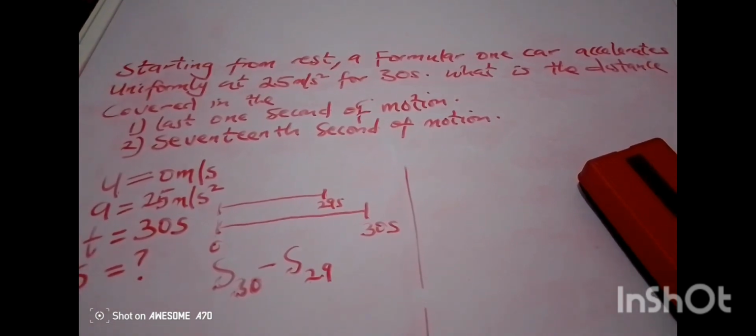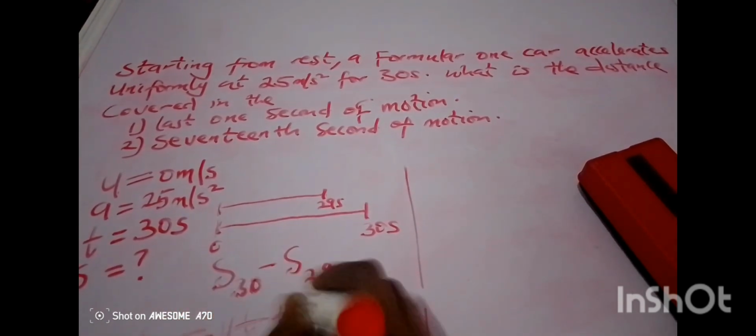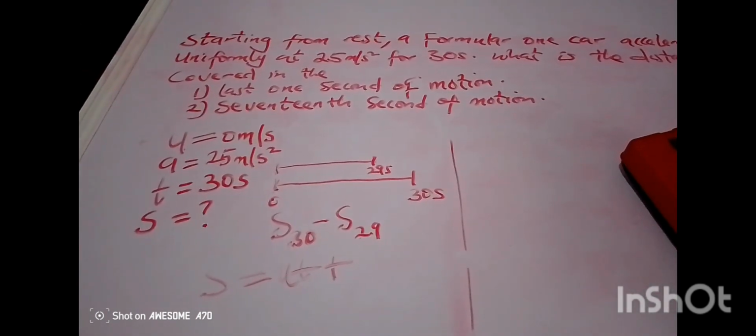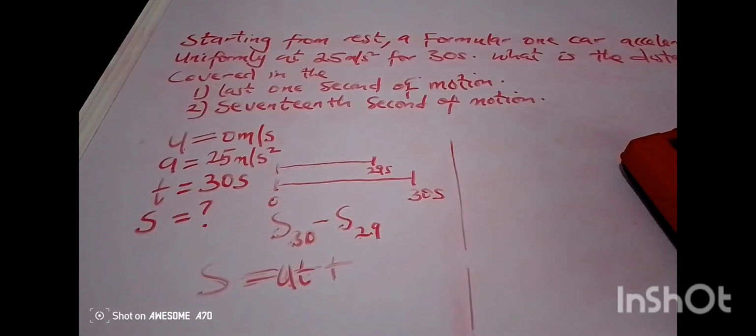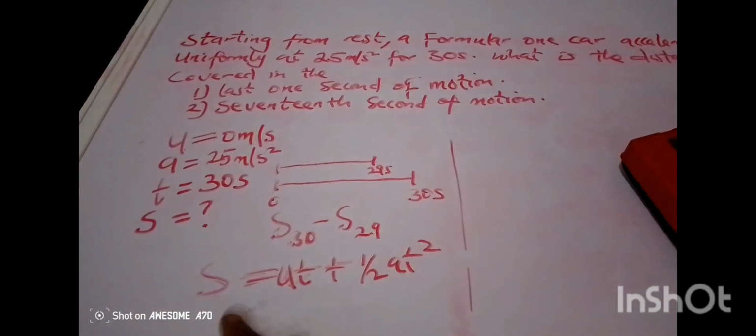Remember, the equation of motion we are going to apply here is S equals U T plus half A T squared. Let me show you the board. So at this point, we want the distance covered when T is 30.